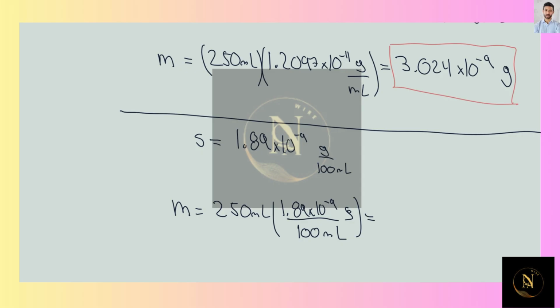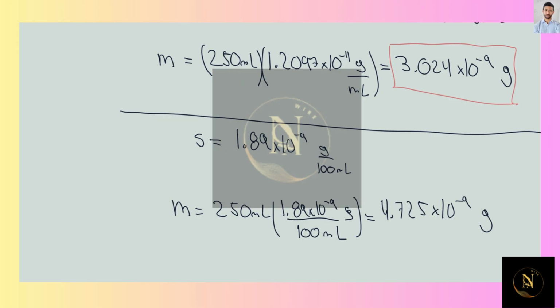So this is going to give us 4.725 times 10 to the minus 9 grams of aluminum phosphate that would be present in a 250 milliliter saturated solution.